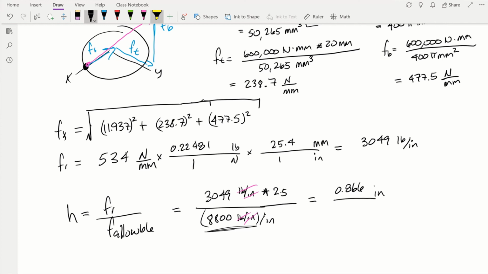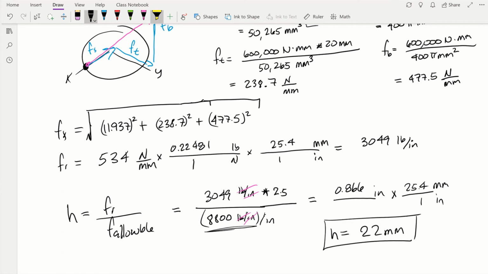However, we were working on this problem and it was all units of newtons and millimeters, right? So if we want to go ahead and report the answer in millimeters, well, we have to convert back to millimeters. Well, we know that 1 inch is 25.4 millimeters. So if we multiply again by 25.4, we get a leg length H of 22 millimeters.